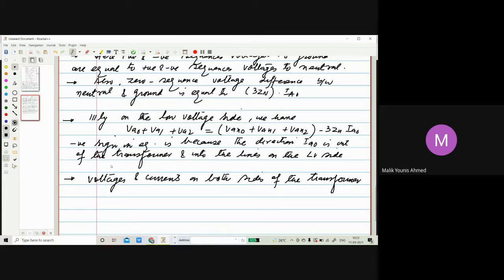So voltages and currents on both sides of the transformer are related by the turn ratio, that we know. If for voltage it is N1, N2, for current it will be different. If the voltage is N2 by N1, then for current it will be N1 by N2. So this is based on the notation that we have.